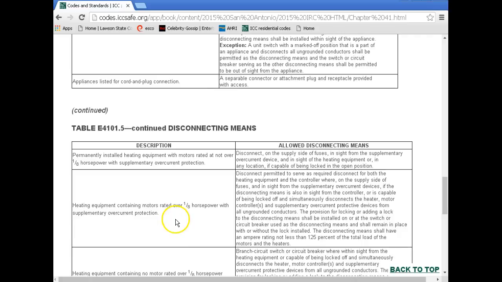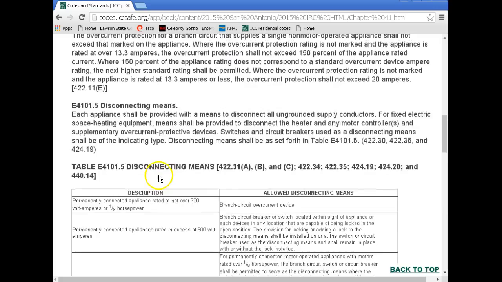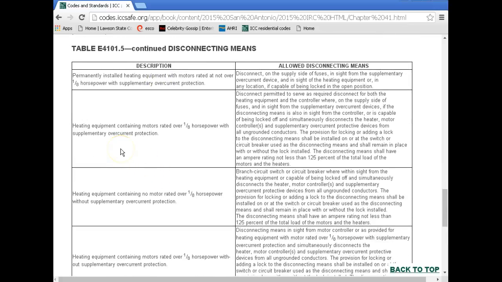All right, I'm on this one. How many have I gone through? The second set continued. Heating equipment containing motors rated over an eighth of a horsepower with a supplementary overcurrent protection. What's our method here?